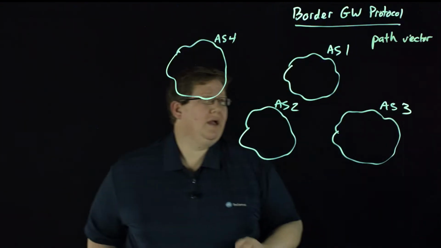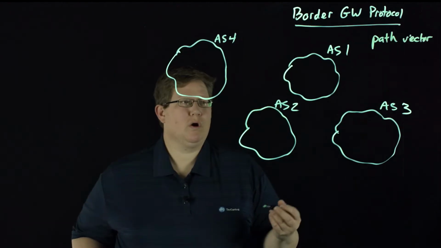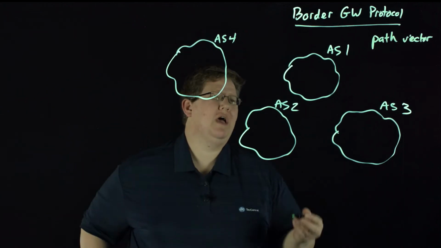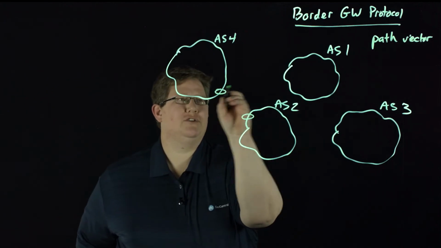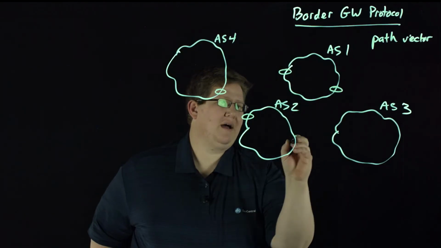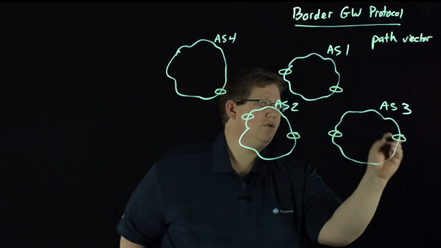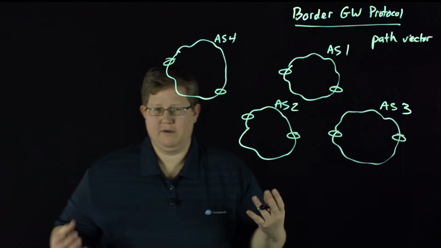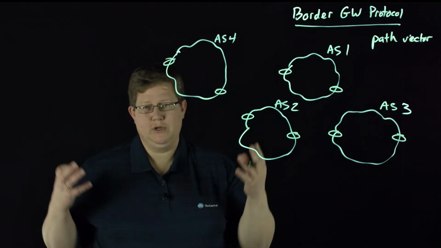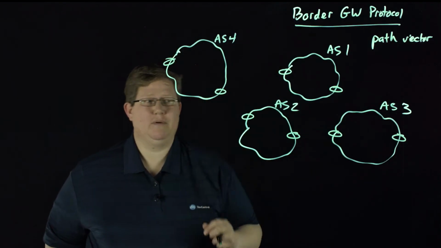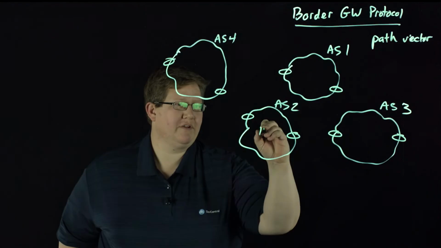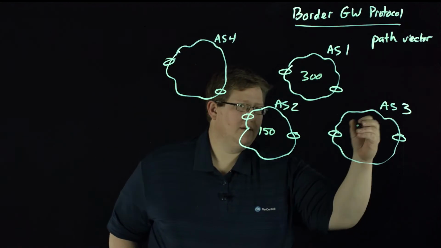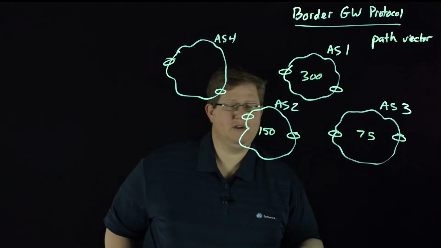The way BGP works is that you exchange routing advertisements between peers. You have routers at the edges of all of these autonomous systems, and you could have multiple routers. Say AS4 is a fairly small autonomous system, maybe they just have 2 routers, but maybe in AS2 there's 150 routers, in AS1 there's 300, and maybe in AS3 there's 75.